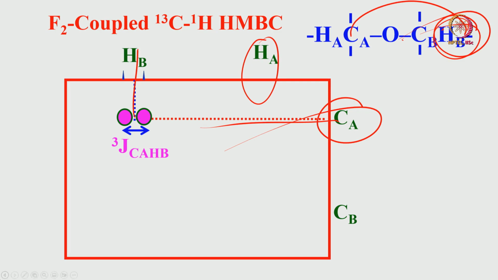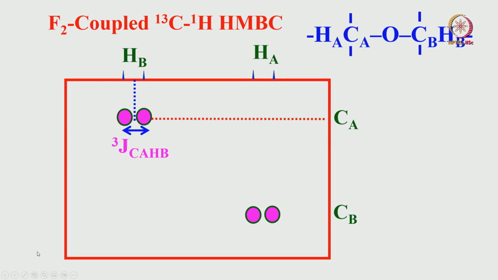What about carbon B? Where does it correlate? Carbon B also is a doublet because this is correlating to proton A, proton HA. As a consequence, long range 3J CBHA coupling is there. So, that is why that is also a doublet. Along this axis you get carbon chemical shift, along this axis you get proton chemical shift.